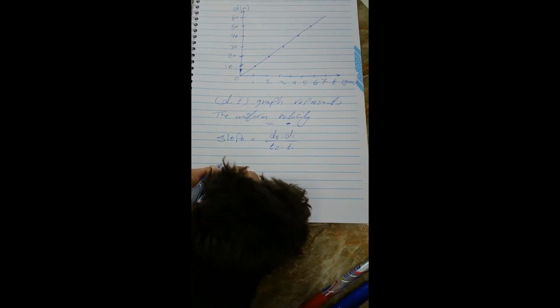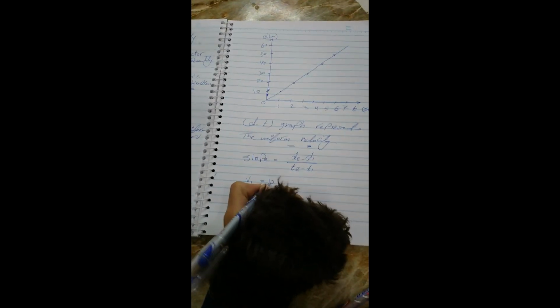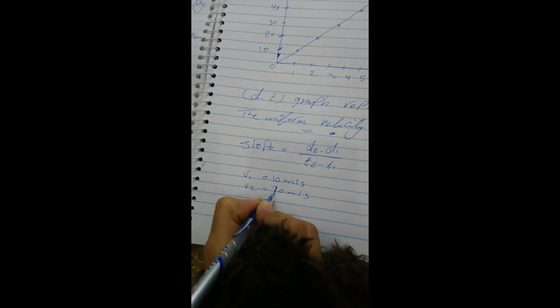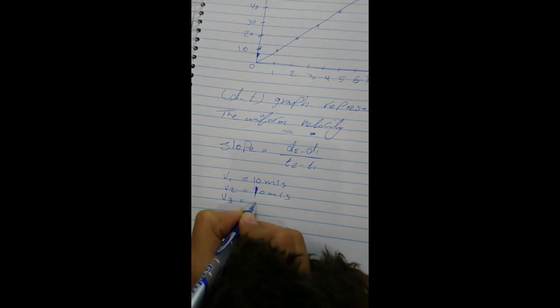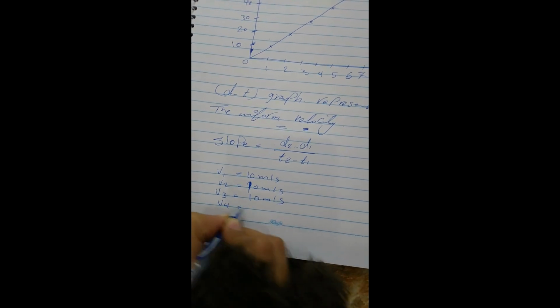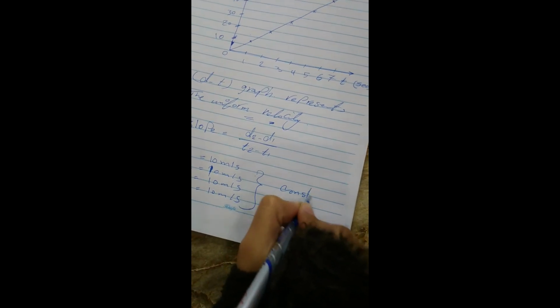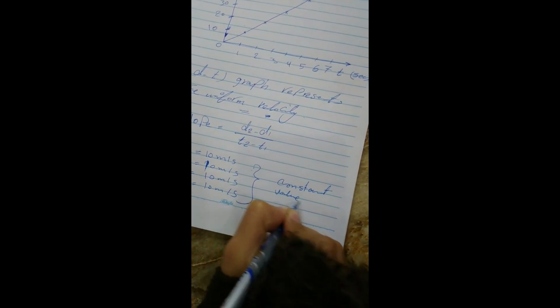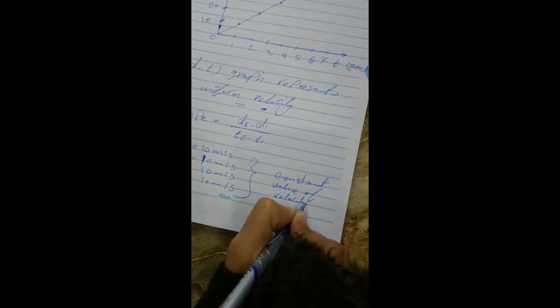If we calculate v1, it will be 10 meters per second. v2 will be 10 meters per second, v3 will be 10 meters per second, and v4 10 meters per second. Then we have a constant value of velocity because this type of velocity is uniform or regular. Next, we will talk about the non-uniform velocity.